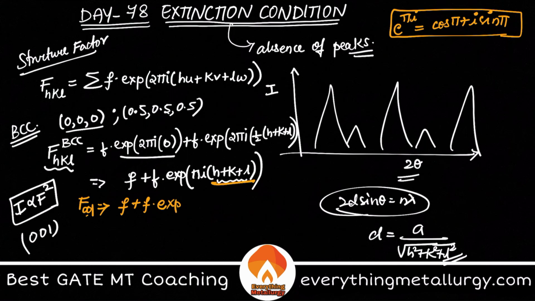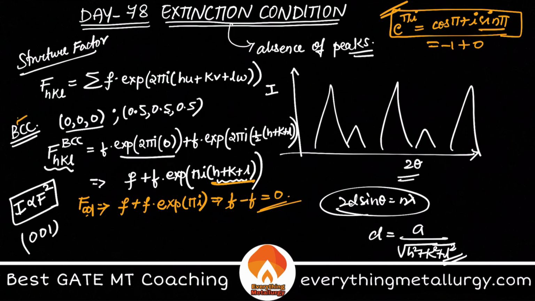This is equal to cos pi, which is minus 1, plus i sin pi, and sin pi is 0, so e power pi i equals minus 1. So f plus f into minus 1 gives f minus f, which is equal to 0. Therefore 0, 0, 1 will not give you a peak in XRD because the structure factor itself is 0.